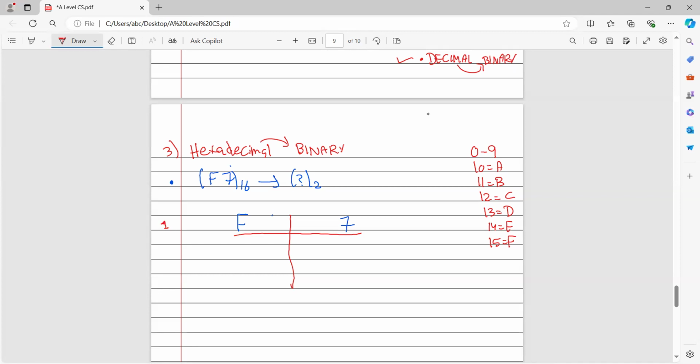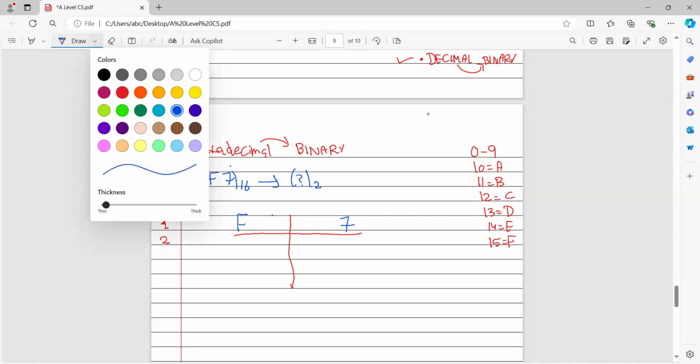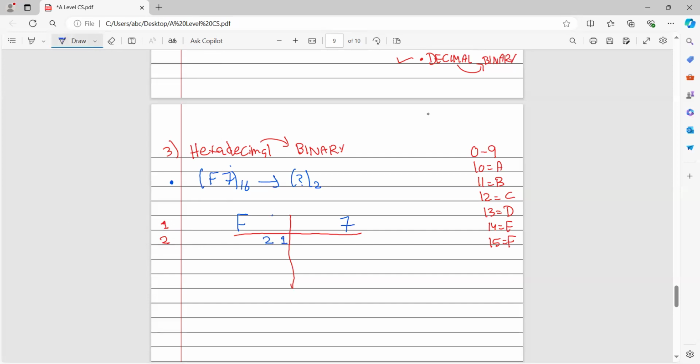Just after splitting it, in your second step, you need to write the series. The series is going to be 1, 2, 4, 8. 1, 2, 4, 8. Now, the number that is right here is F, and F is considered as 15. So as per this series, I need to make a 15 out of this F. If I want to make it, I need to turn on all of those values.